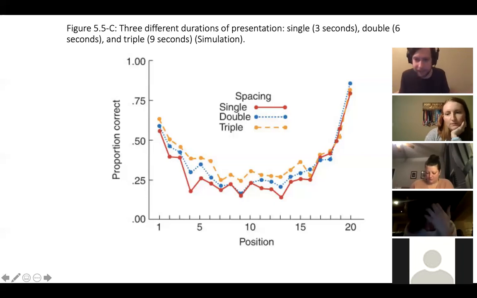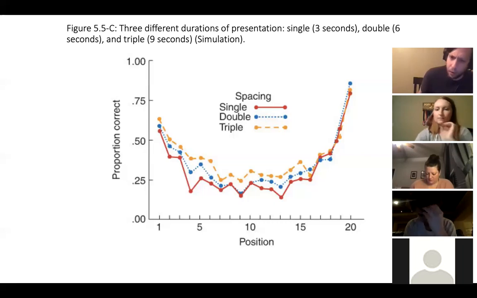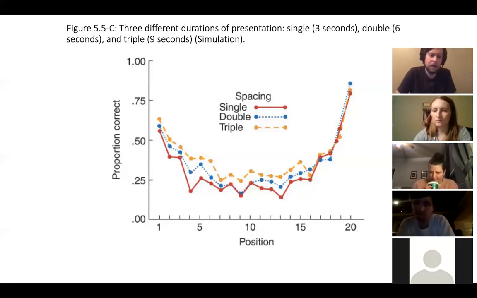Now we need to speculate, and this is what the researchers have done here. Why does having a slower rate improve your performance for the stuff at the beginning of the sequence? The answer that has been provided is that there are two things you need to mention.